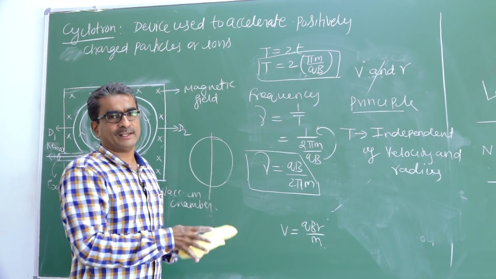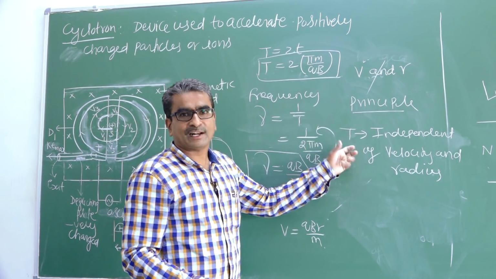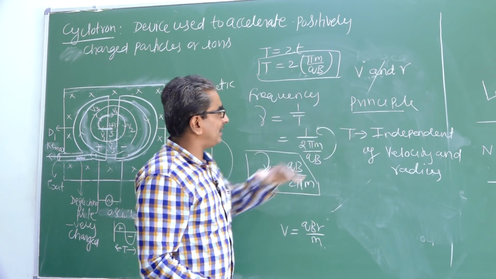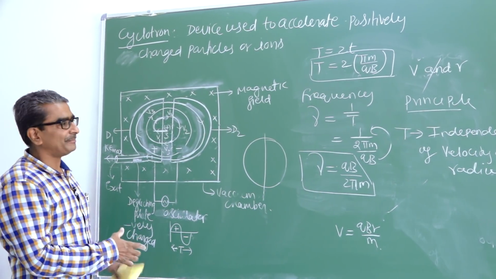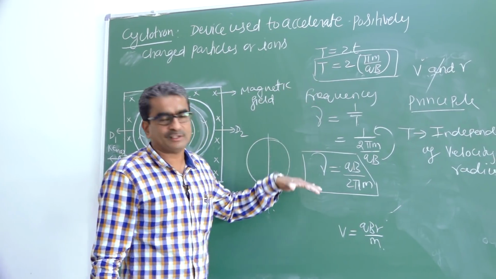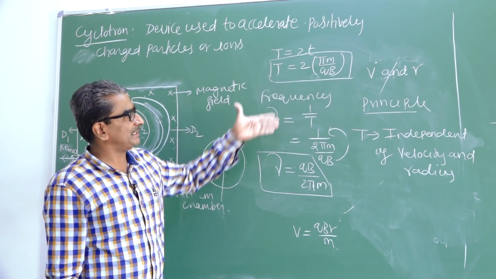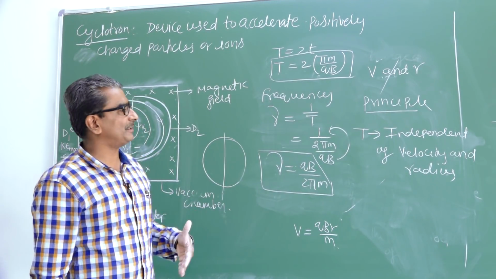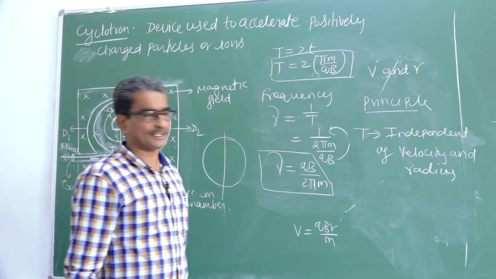This is one of the points to be remembered, and we can draw the idea of accelerating the charged particle as a principle by making use of these two equations, which say that it is independent of R and V.